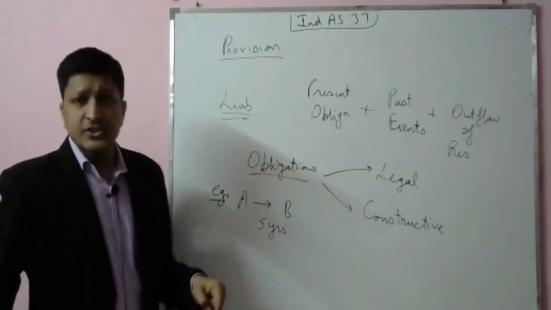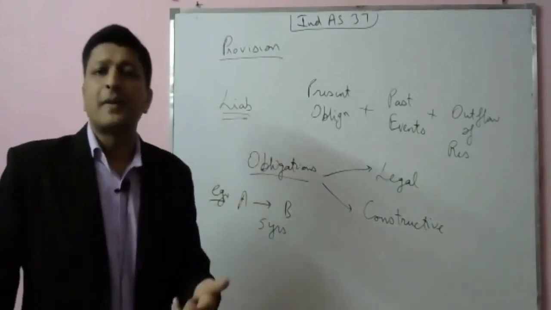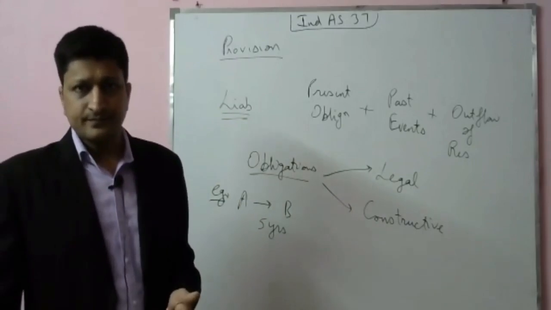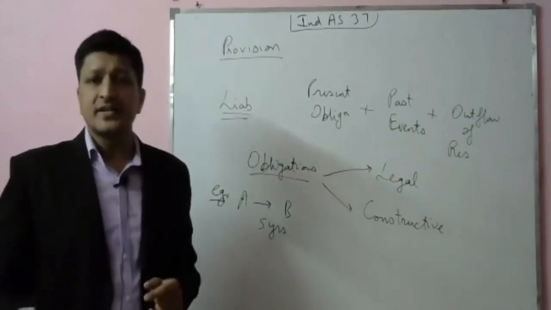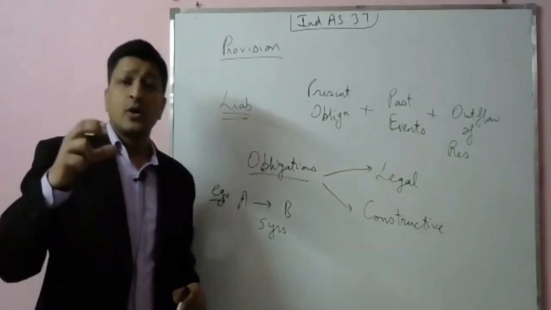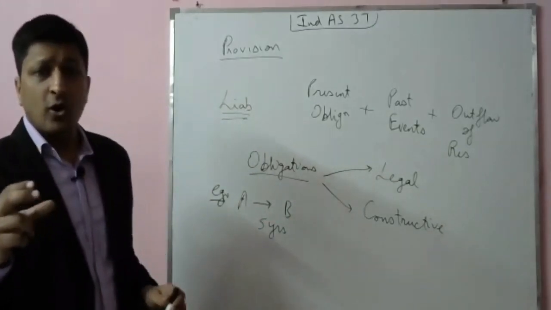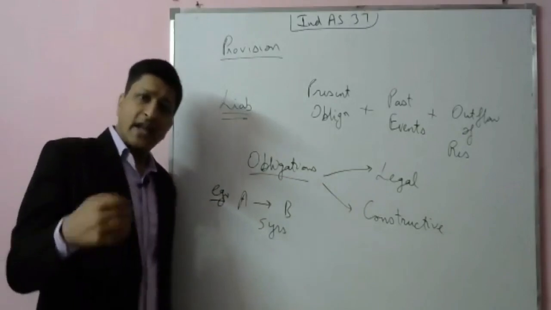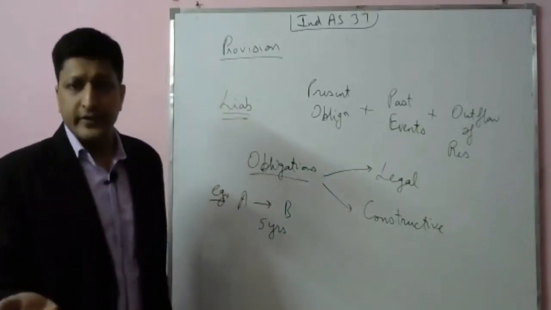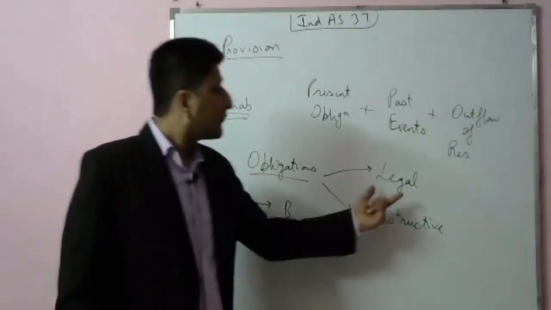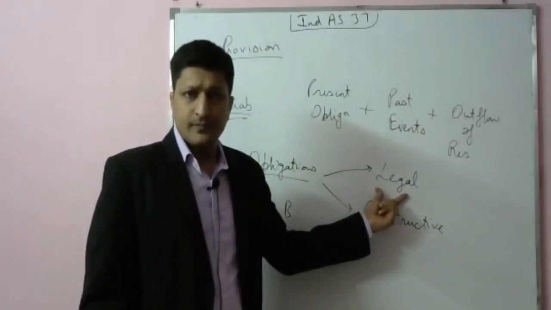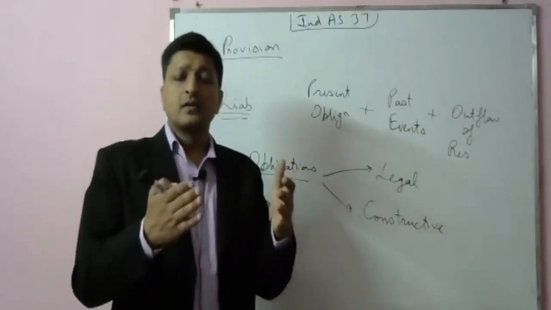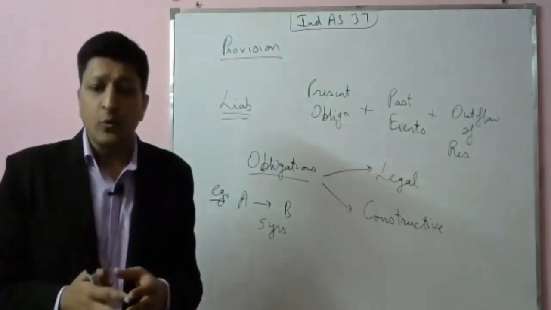If there is a breach of this contract, then the payment is required to be made, even though the contract doesn't exist anymore. So, what do we call this type of obligation as? This obligation arises because of contract, or you can say which is legal in nature. Yeah, parties are bound.